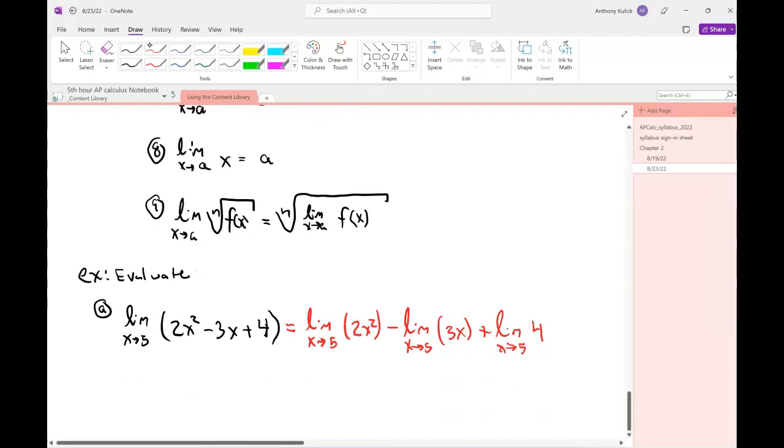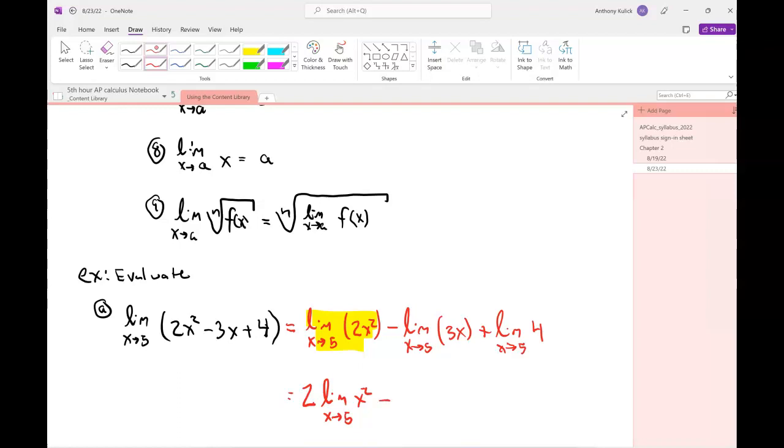Okay. If I look now at this first piece, the next thing I would do is apply property 3 and take that coefficient of 2 and move that out to the front. Oh, did you go through these in order? Not necessarily. Does it matter the order? Just in terms of order of operations, it kind of matters, but not too much.